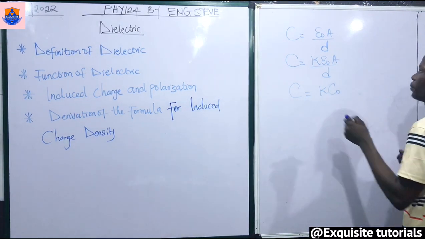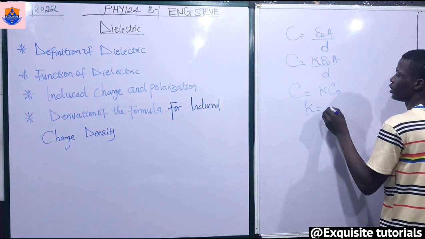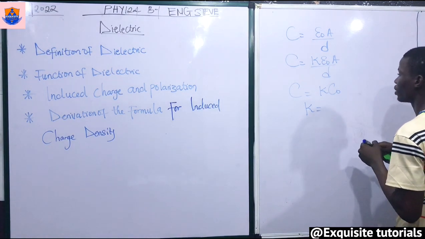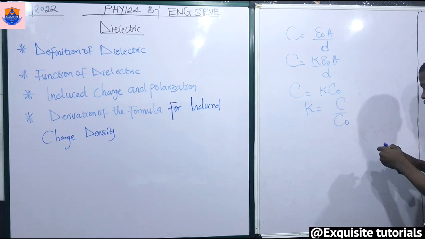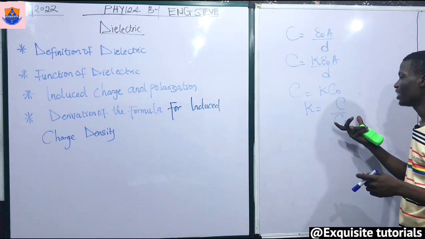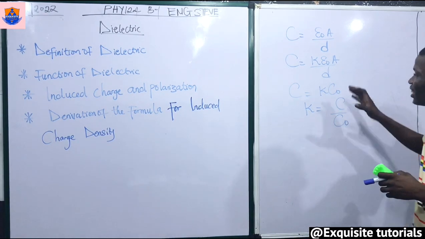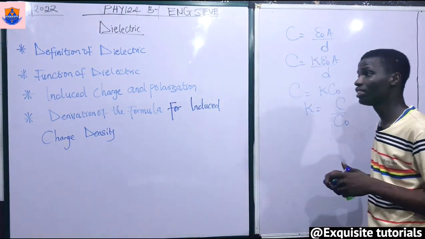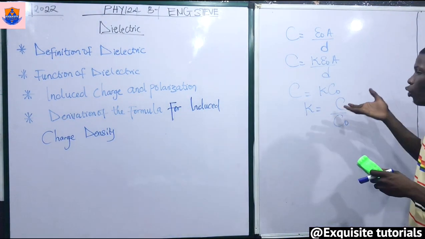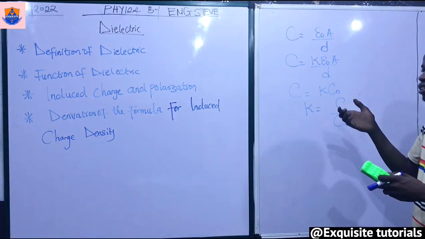Our K here, being the dielectric constant, is equal to C over C naught. This K increases the capacitance value, like I said, but reduces the value of our voltage and our electric field intensity.